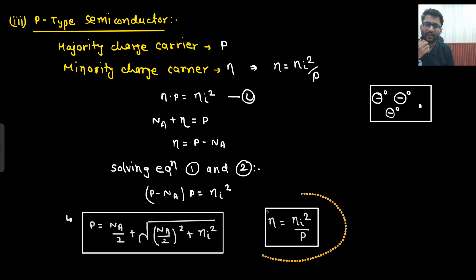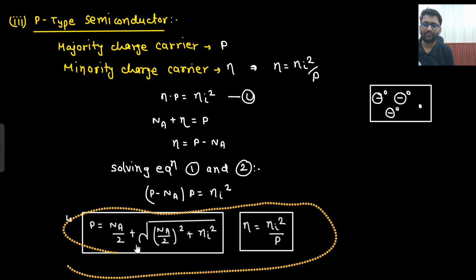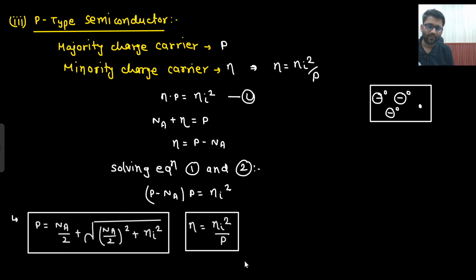So these are the two formulas, but along with that, two other formulas will also come into action. Usually the number of acceptor atoms will be much greater than Ni, right? So P will be approximately equal to Na only.